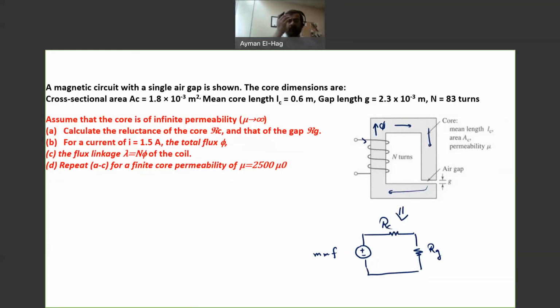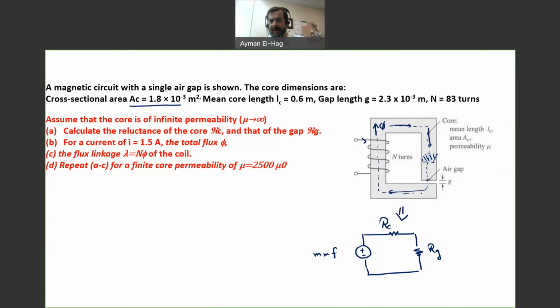Now let's see what we want to find in this. We are usually given the dimensions, so we are given Ac, which is the cross-sectional area of the core material. This is your A, given to you. And we are given the mean core length, which is this dotted line that I am drawing.